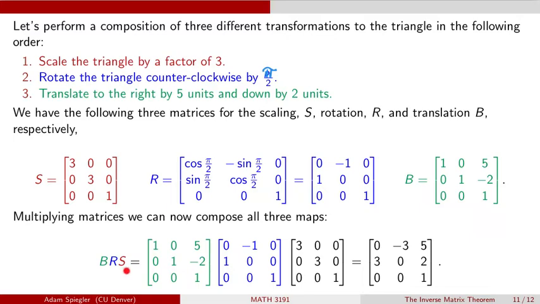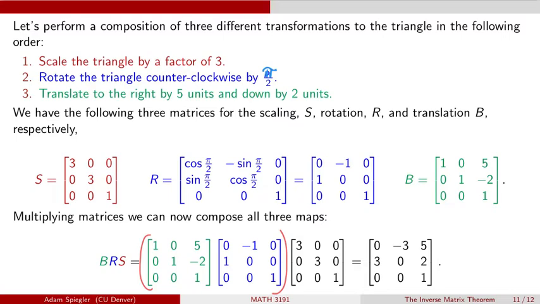So first multiplying by S, then we multiply that on the left by R, and then finally we multiply that on the left by B. And so taking the product of these three matrices, again, you can either multiply these two first and then multiply by the third one, or you can decide to do the matrix in blue times the matrix in black first, and then multiply on the left by the first matrix.